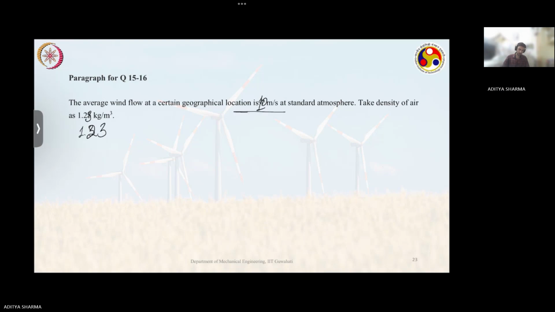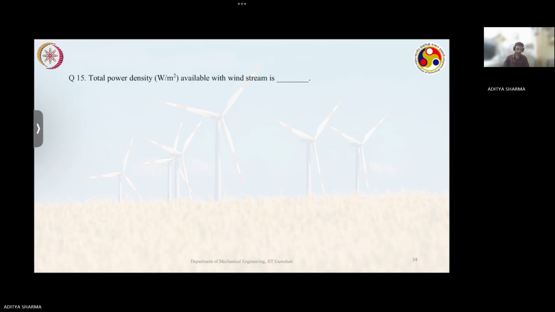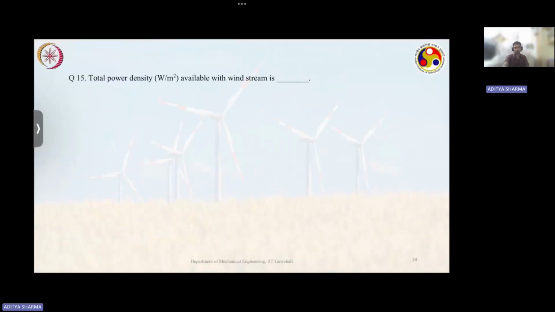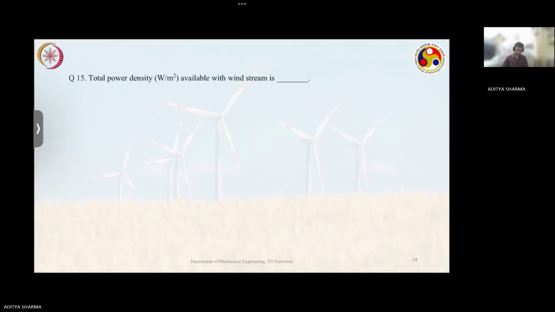Wind speed is given, density of wind is given. Then find the total power density available with wind stream. Total power density we need to find out.